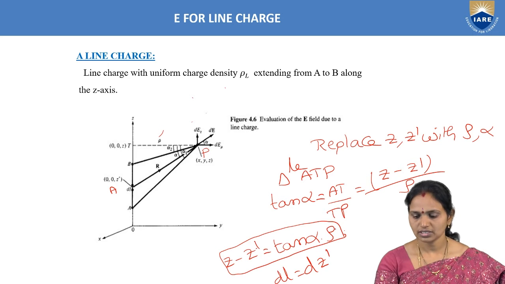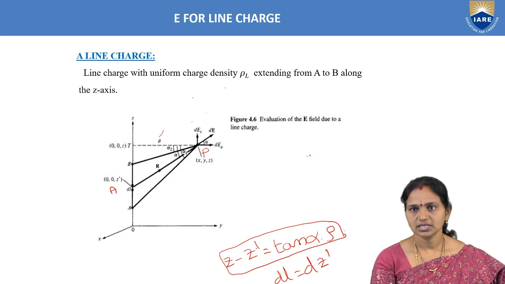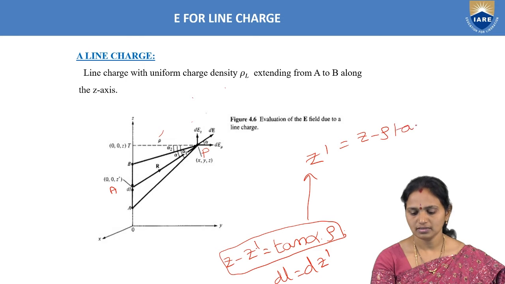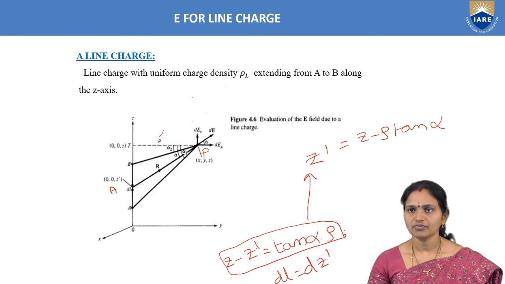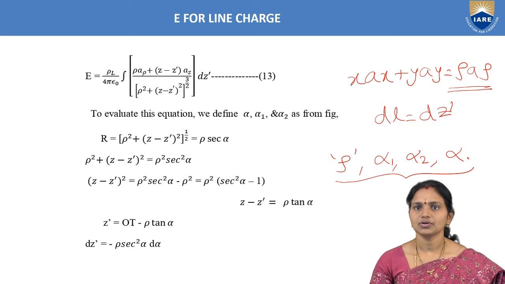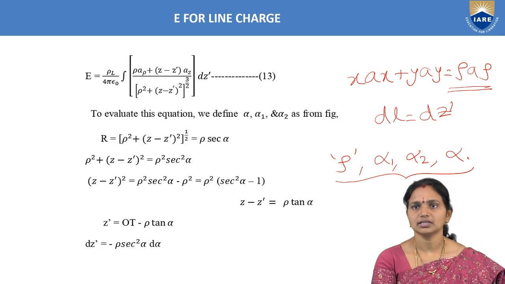From this we can write z dash as z minus rho tan alpha. Now in this equation 13, we have to replace z minus z dash with rho tan alpha.